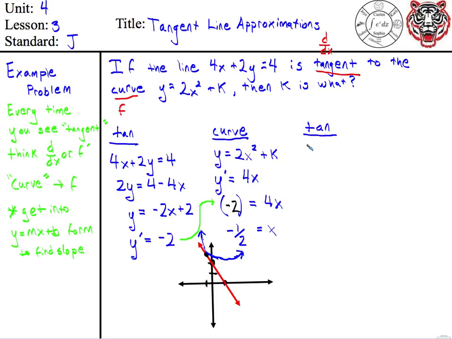I can recopy that down. And I'm plugging negative 1/2 in for x. So I have y equals negative 2, and I'm plugging in that x, plus 2. So this was negative 1/2, because I had this negative 1/2 come into here.